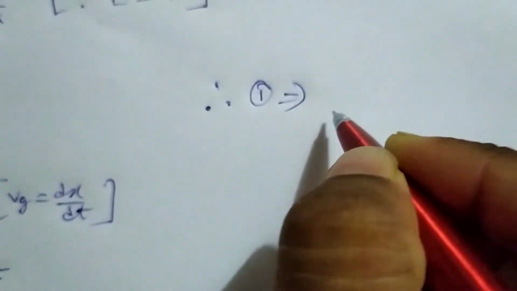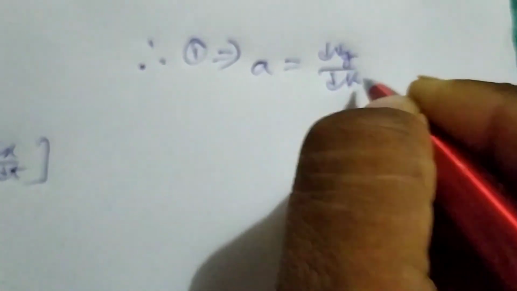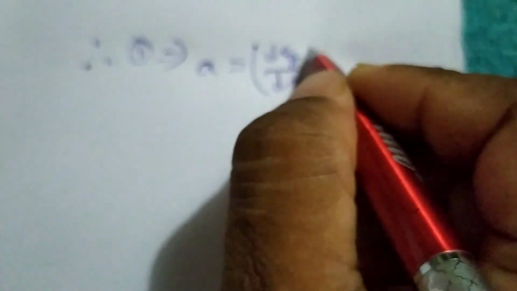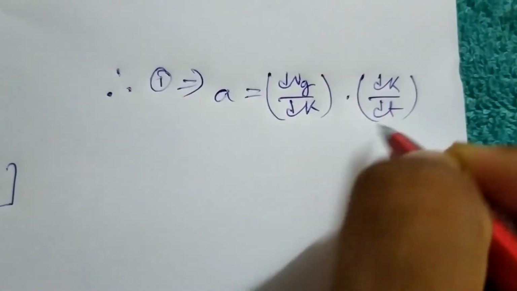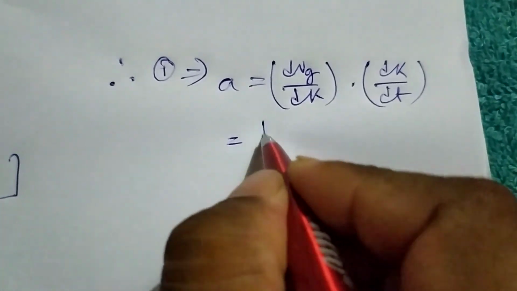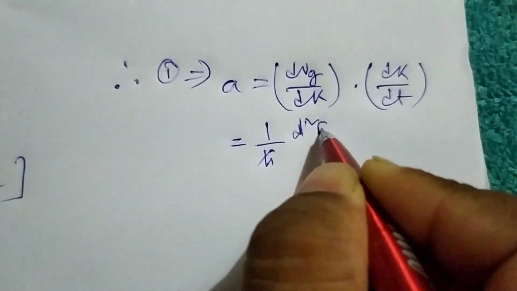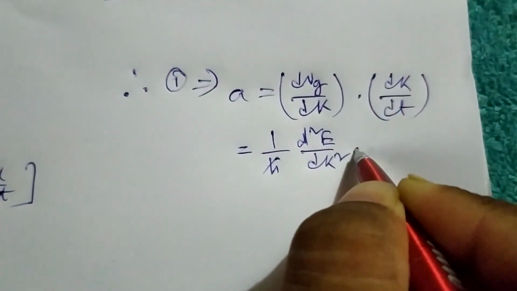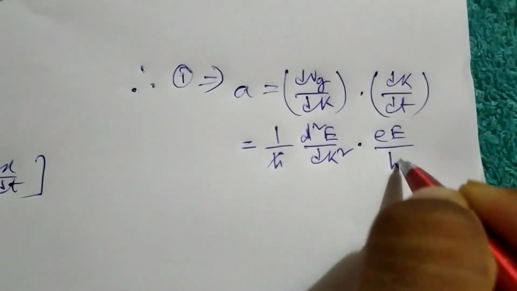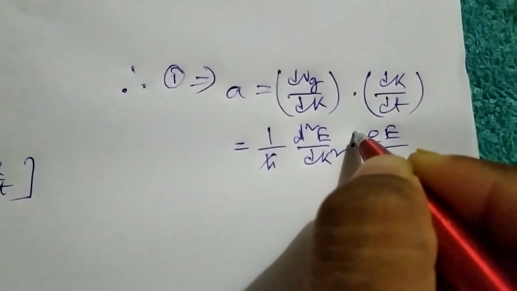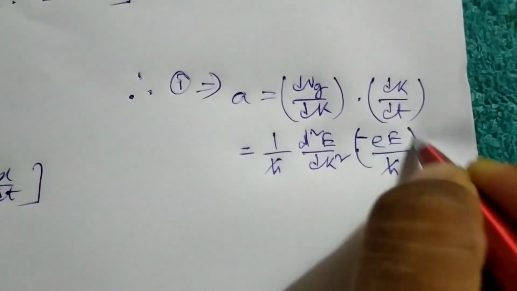Therefore relation 1 implies a is equal to dVg/dk into dk/dt. Putting the values, 1 by h cut d2E/dk2 into eE by h cut with a negative sign.